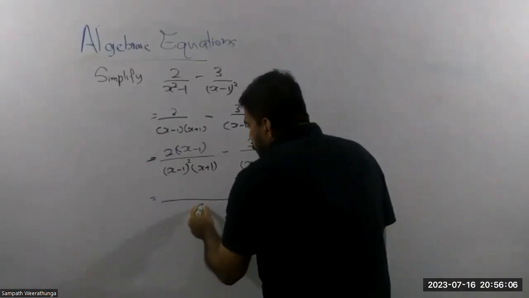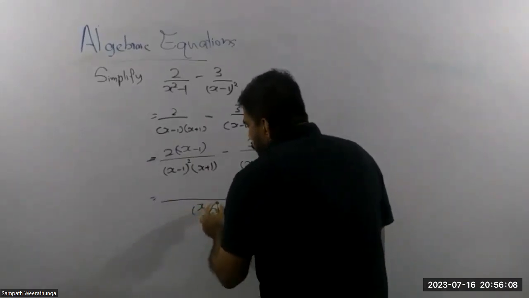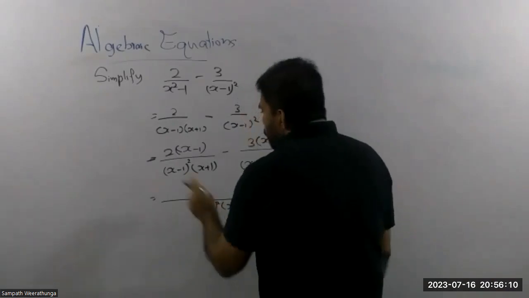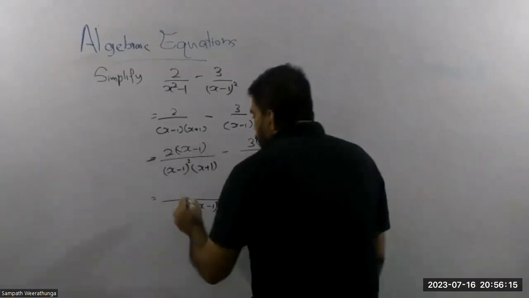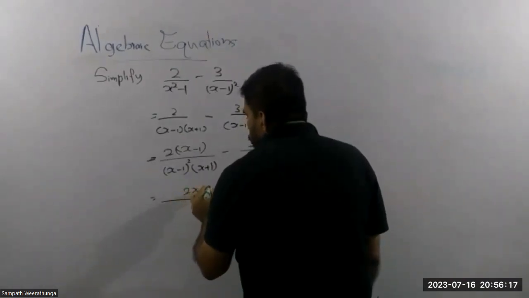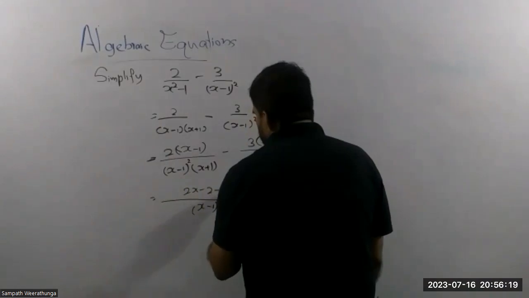So I'll write it like this: x plus 1. Then I'll simplify the numerator separately. So this is 2x minus 2 minus 3x minus 3.